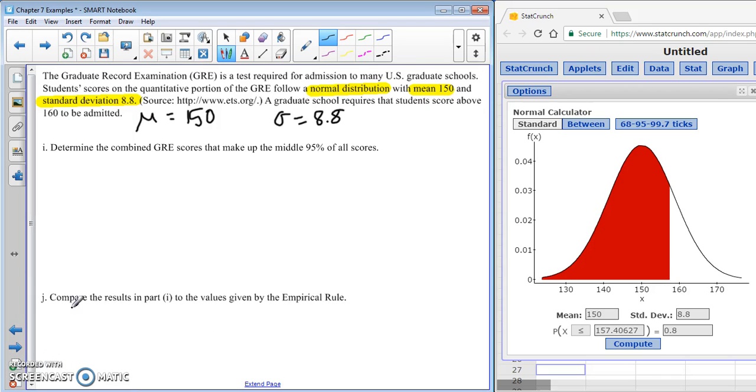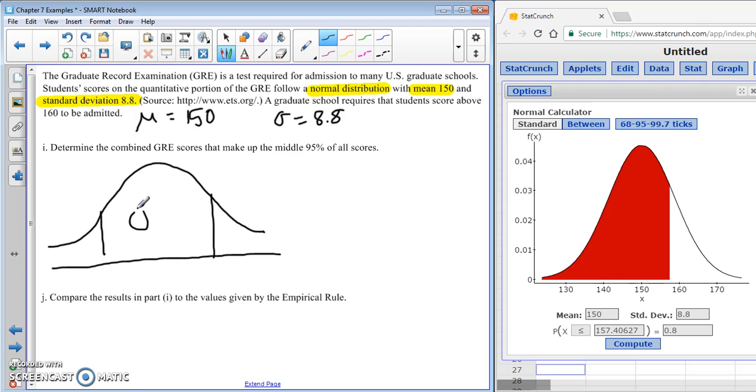So last portions here. We want to determine the GRE scores that make up the middle 95% of all scores. So let's draw a bell curve here to help us out. We have the middle 95%. Right, so this is our shaded region, and we're trying to find two values.